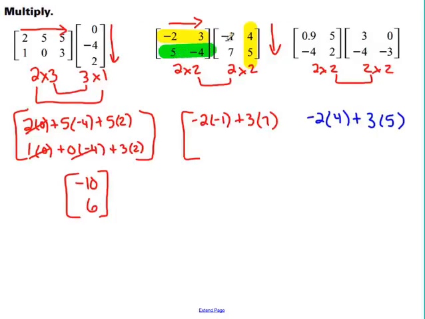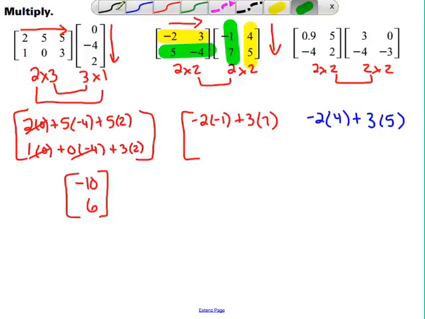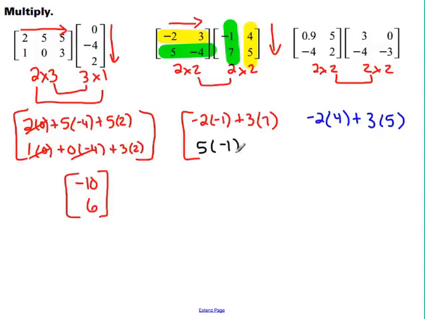We can now use this guy times this first column. Let's try this. So we'd have 5 times -1 plus -4 times 7. And lastly, we'll have this green one with this yellow one here. That looks like a kind of a weird mess. We'd have 5 times 4 minus 4 times 5.